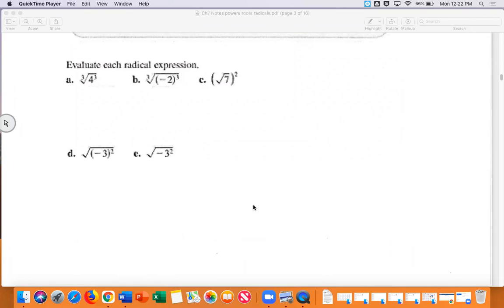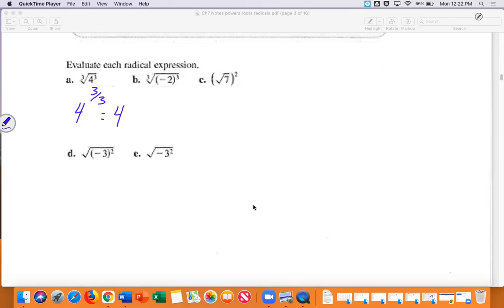Do you see that? 3, 3, rotate it up, and that becomes 4 to the 3 over 3. Do you see kind of how I did that? I just rotated it up. What's 3 divided by 3 there, Leah? So the cube root of 4 cubed is just 4, because 3 divided by 3 is 1. Do you see that?